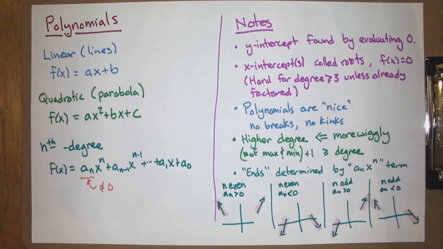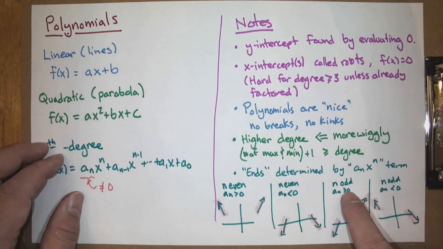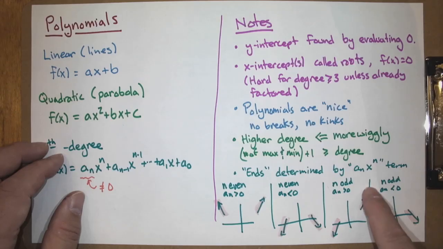Well, if you take a negative number and raise it to an odd power, what happens to it? I'm multiplying a negative number an odd number of times. What comes out? It stays negative. So essentially, when you have an odd power, you're not doing much to the sign. And so the a sub n will say whether you're still doing what you think you should do, or if you're multiplying by a sub n which is negative, you might be flipping.